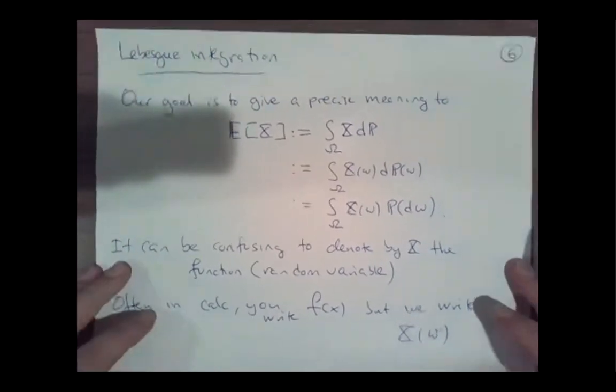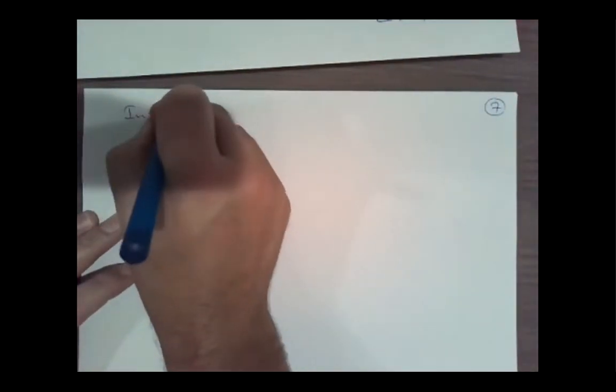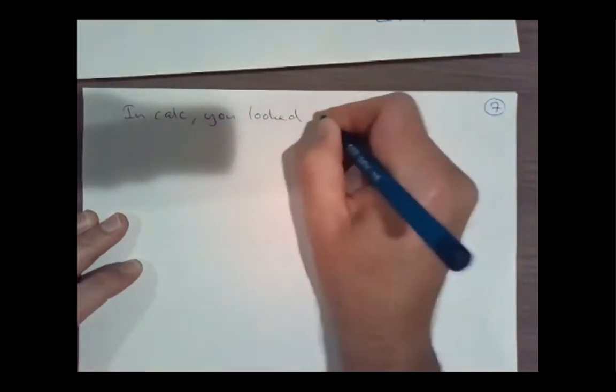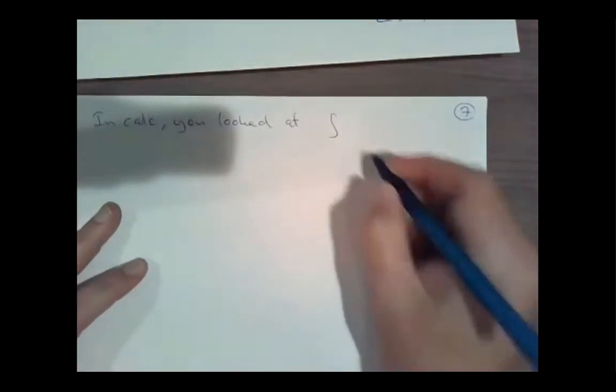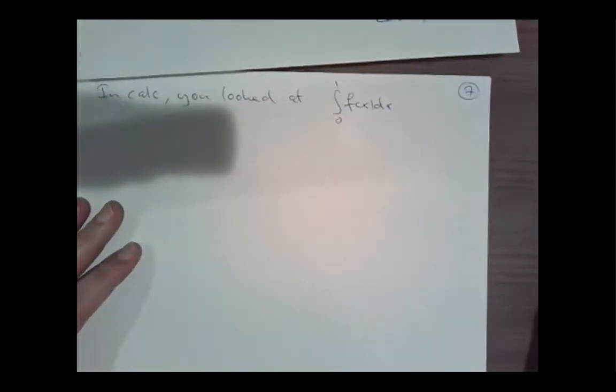Okay, so are we ready? How do we do this? Well, just briefly, let me remind you how you did it. So in calculus, you looked at an integral, say from 0 to 1 of some function with respect to dx.